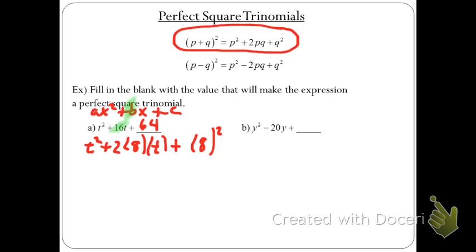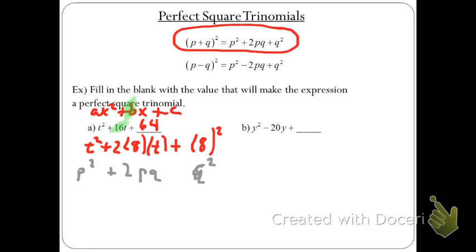So that's like my p squared, and my q is equal to 8. So that's like my q squared at the end. And then plus 2pq, p being t and q being 8. Hopefully that makes a little bit of sense. But even if that doesn't make sense, this part can make sense. Let's go on to part B.